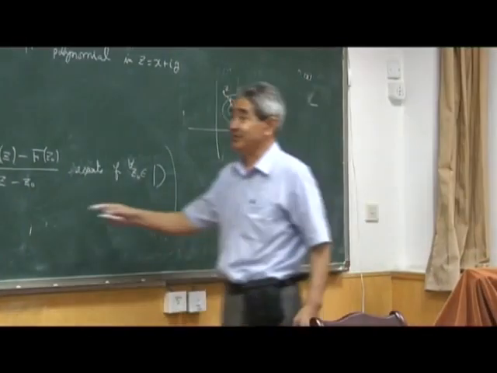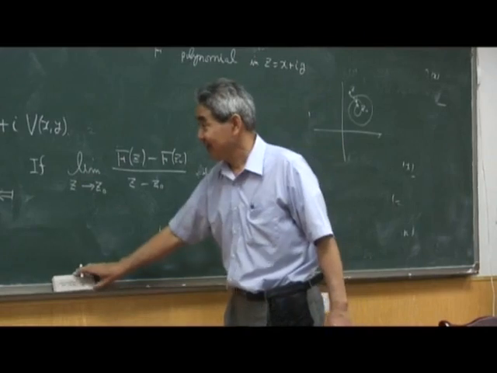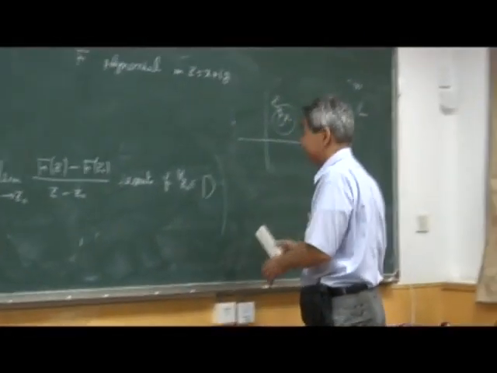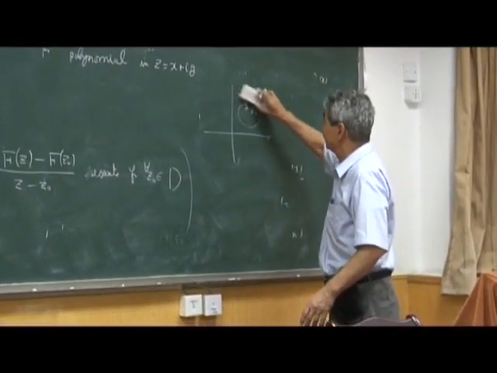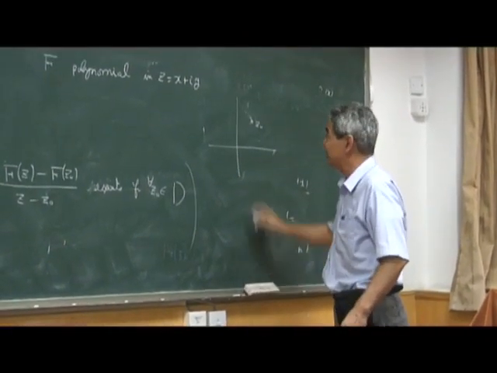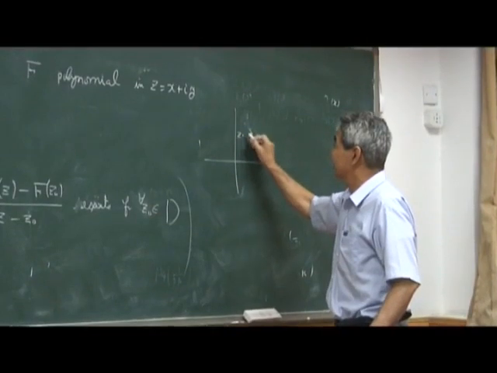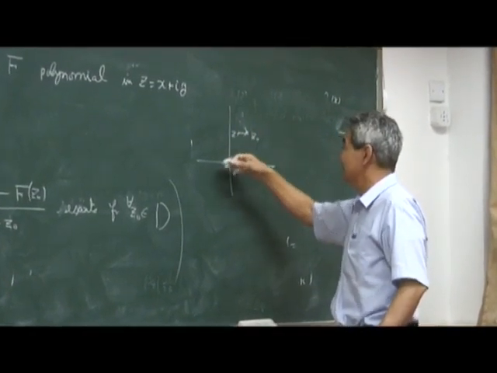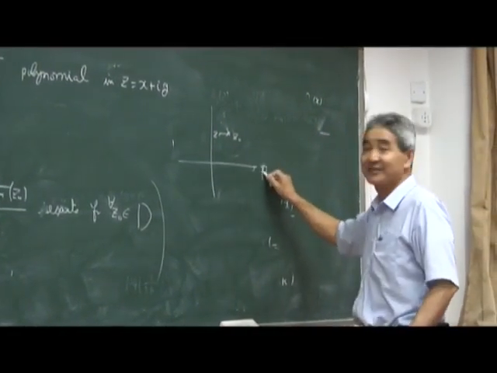Therefore, this implies this. Why? Because there are very special cases to approach z0. One possibility is that z goes to z0 parallel to the real x axis.